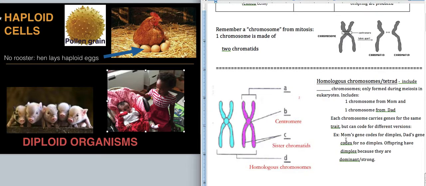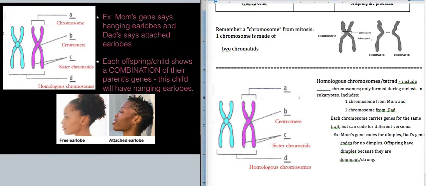Now, here's an example that we're going to look over. Let me look at my second one right here. Okay, so we're going to say that mom's gene, so this pink chromosome, says that you're going to have hanging earlobes. This woman down here, and if you're using your phone particularly, you may have to zoom in, has attached earlobes.